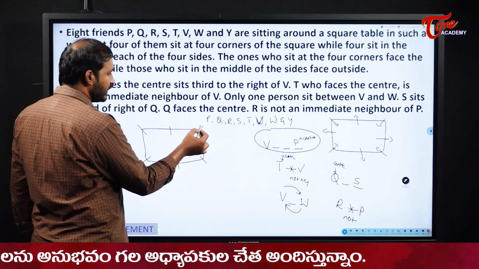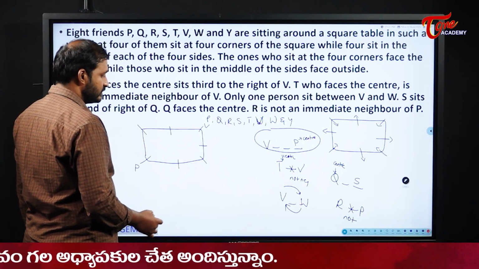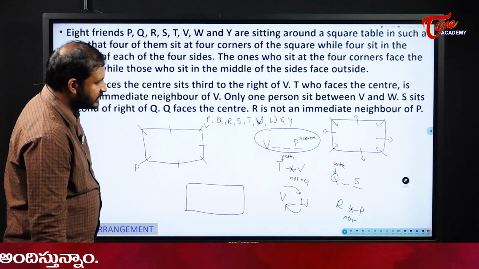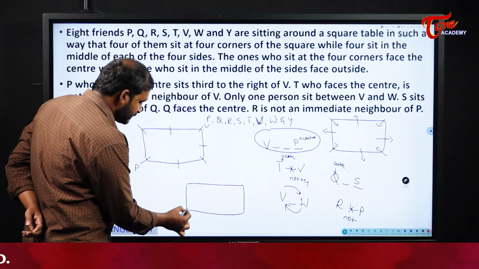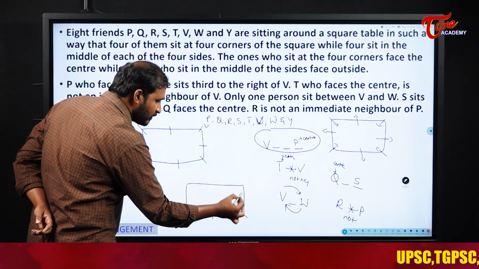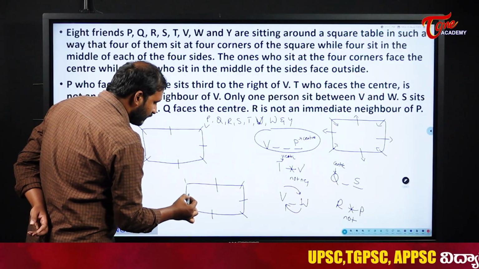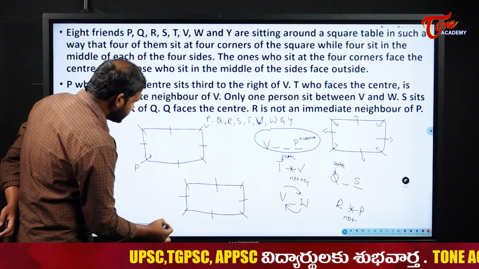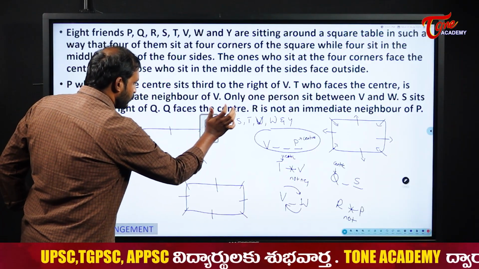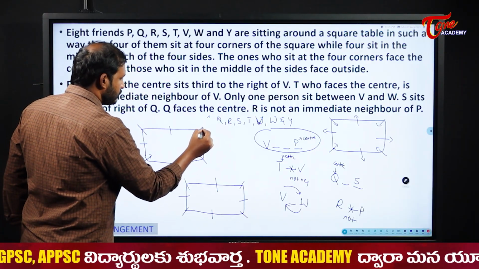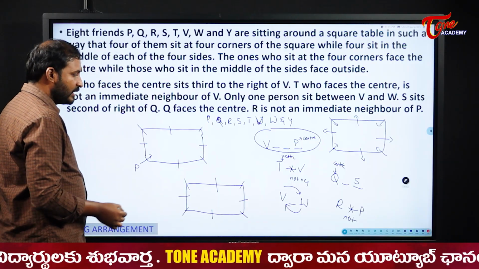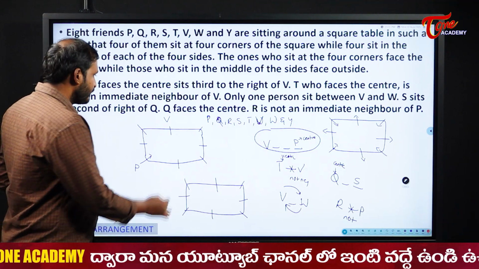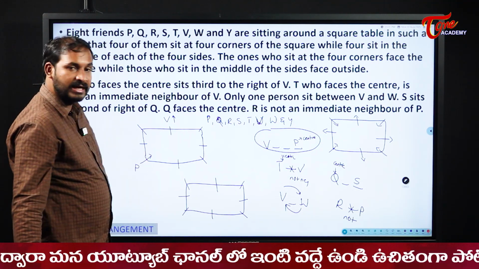So V can come here. This is one chance. We should write both the chances and not neglect any chance, because while solving, one will get cancelled. Two persons between means V will come here. V is facing outward because he is sitting in the middle.